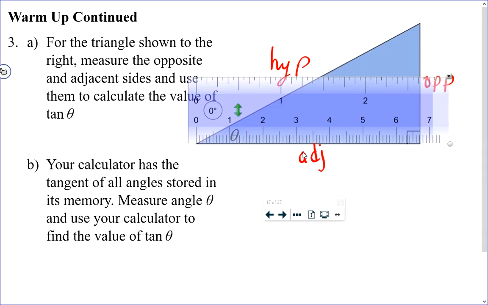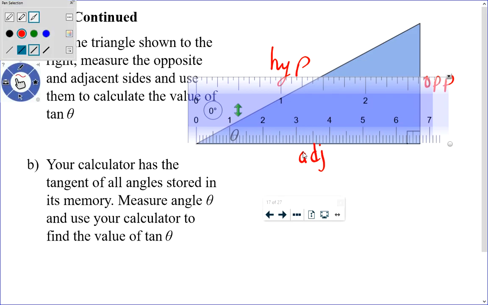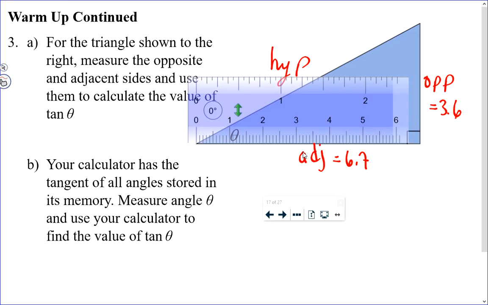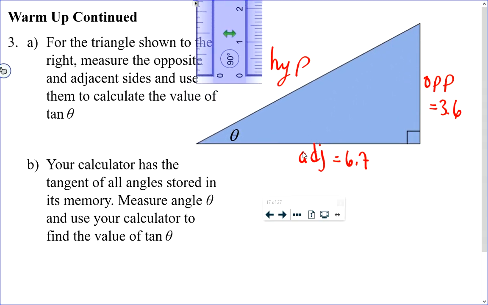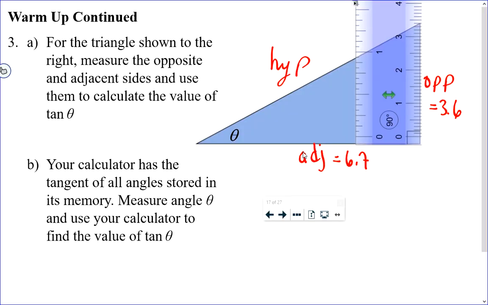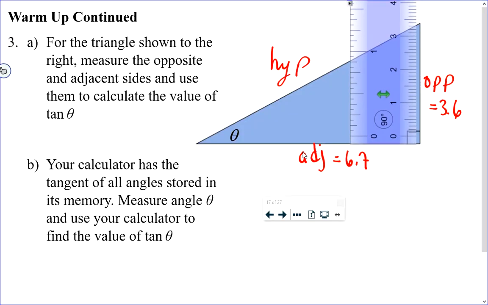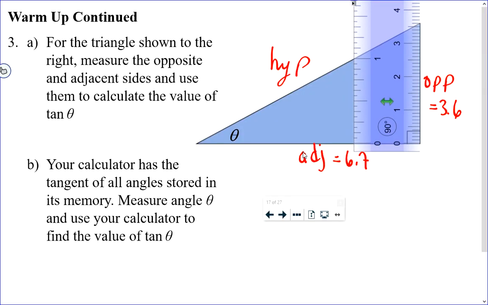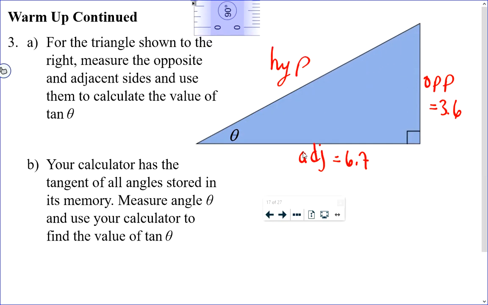So it was 3.6 and 6.7. I want to double check that. This is 6.7. I think this was 3.6, but I'm just going to double check. Yeah, 3.6.